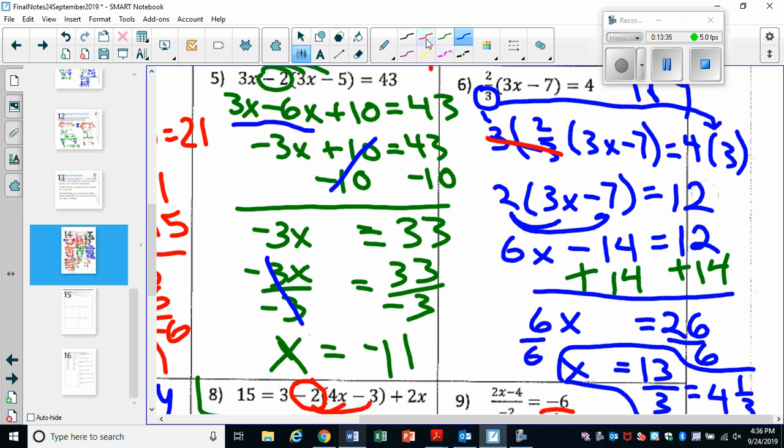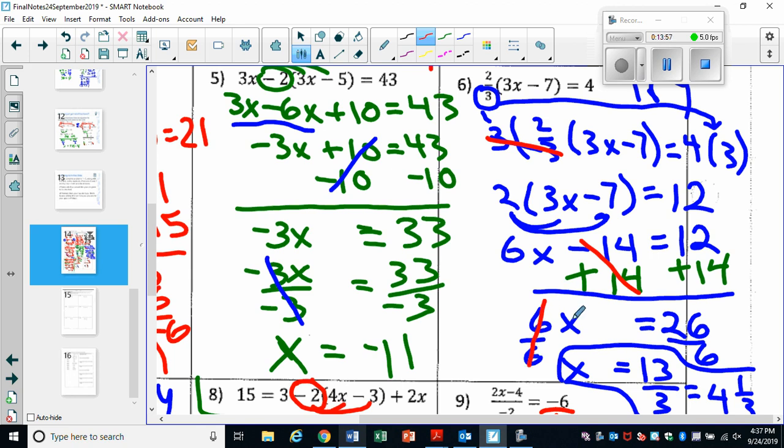Like before, additive inverse, negative 14, positive 14. Terms go away. 12 plus 14 is 26. So 6x over 6 is equal to 26 over 6. Now, the 6's cancel.